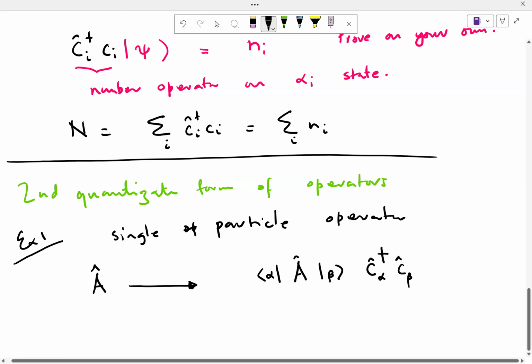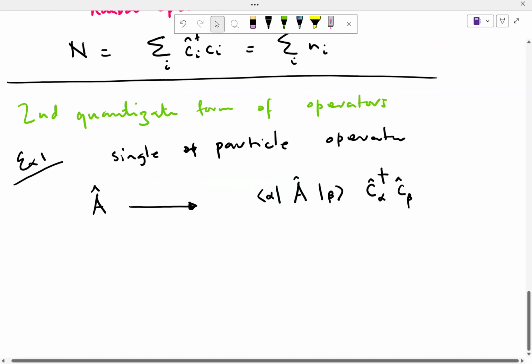So this is the second quantization form of a single particle operator. A single particle operator means that it only depends upon the coordinates of one particle. This will become clear if I give you some examples.